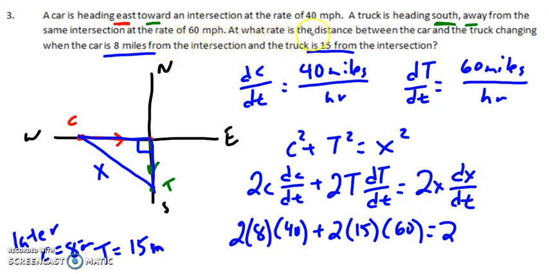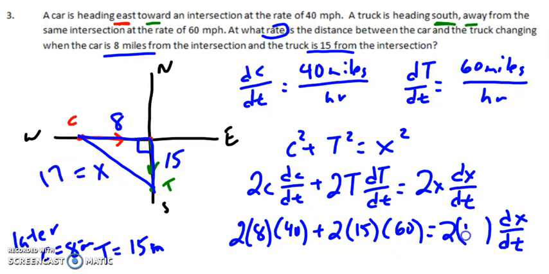Well, we're trying to figure out the rate, so that's what we're looking for, dx over dt. Well, what is x? And again, remember, now we can plug this in, 8, 15. So you can either use that Pythagorean theorem, or hopefully you remember from geometry, your triples is 8, 15, 17. So that is going to be 17.